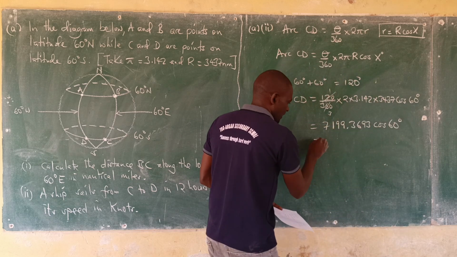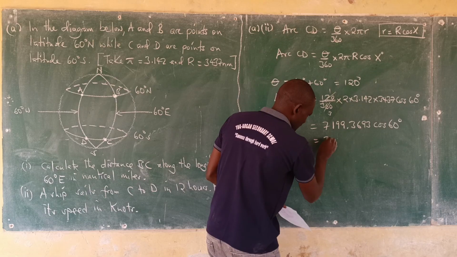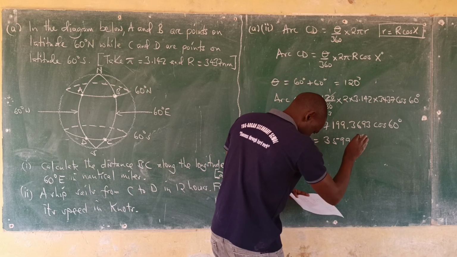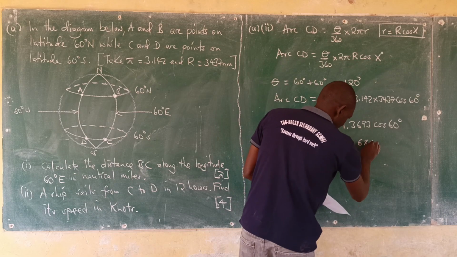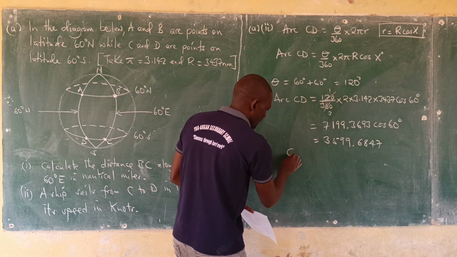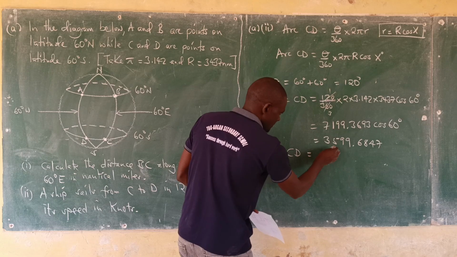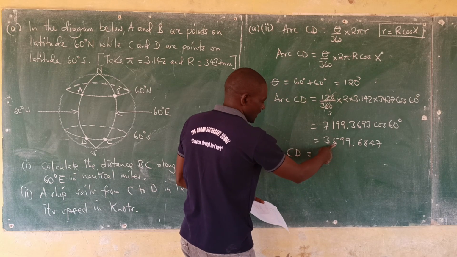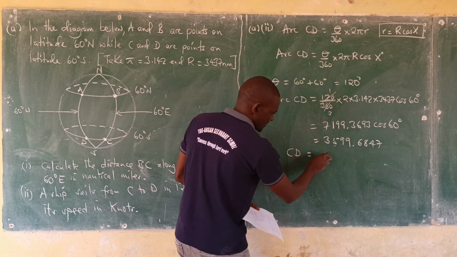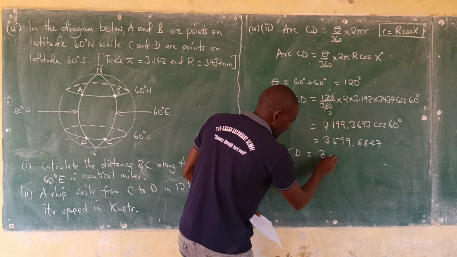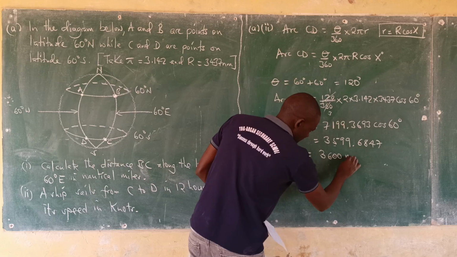Since it's the same, then if you do that one, it's coming to 3,599.6847. So to 3 significant figures, we round it off. This becomes a 10, so 0, 0, and then a 6. This is roughly 3,600 nautical miles.